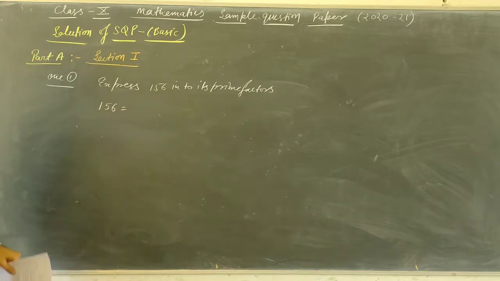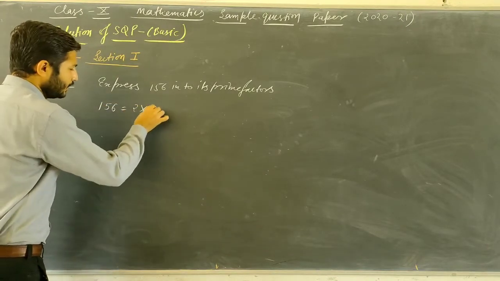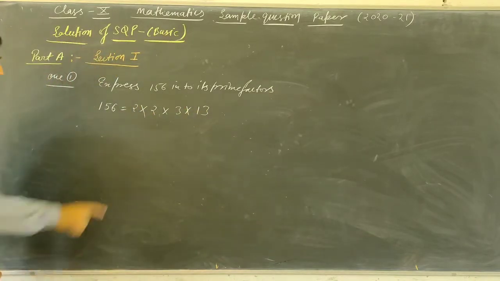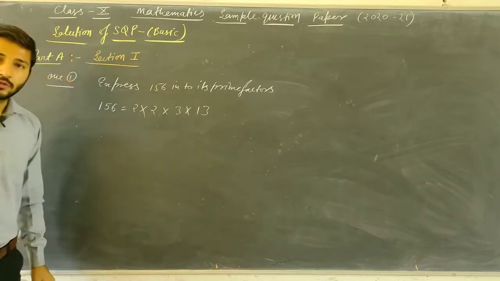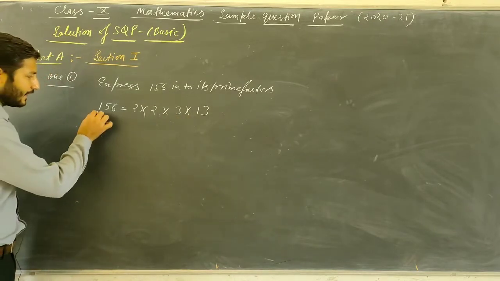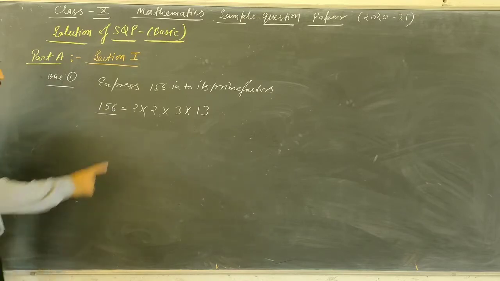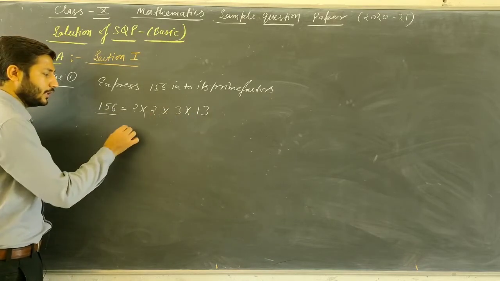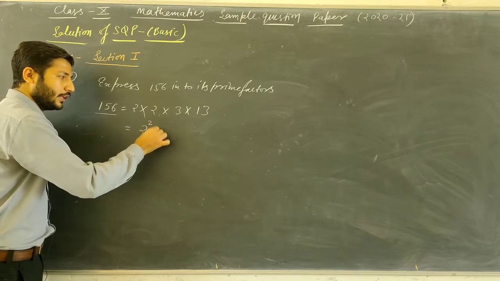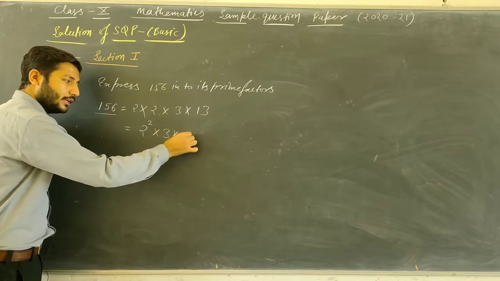It can be written in the form of 2, 3 into 13. When you multiply 2 times 6, it is 12, 12 into 13, then you get 156. The prime factorization of 156 is equal to 2 into 2 into 3 into 13. You can also write this as 2 to the power 2 into 3 into 13.